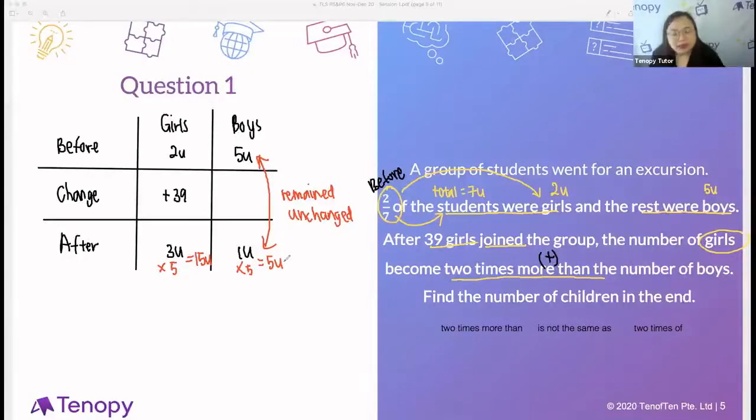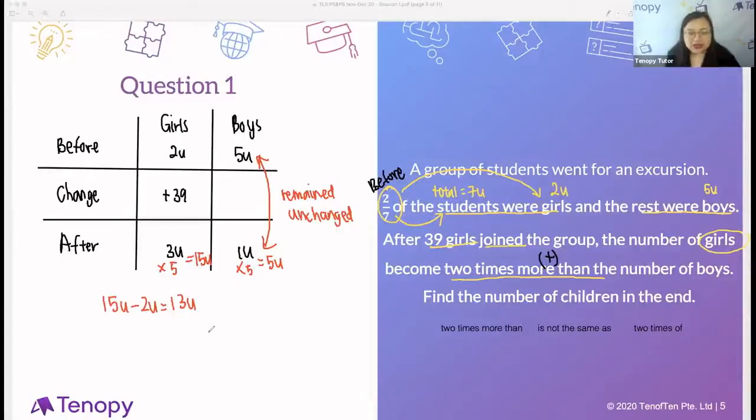Now, once I make the units the same, let's compare. The girls went from 2 units to 15 units. So what happened? Why is there an increase in my units? Because 39 girls joined, so 15 units take away 2 units gives us 13 units.